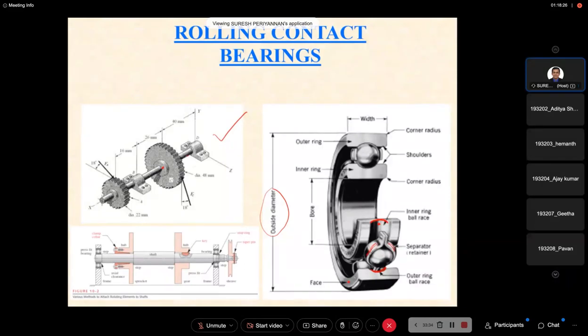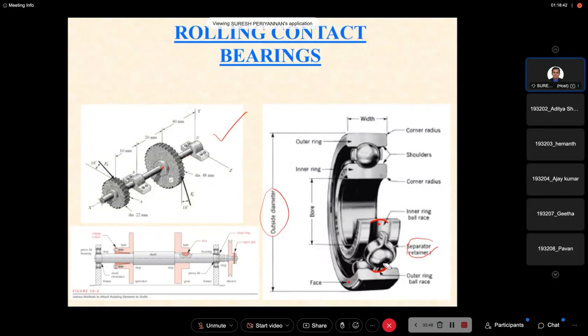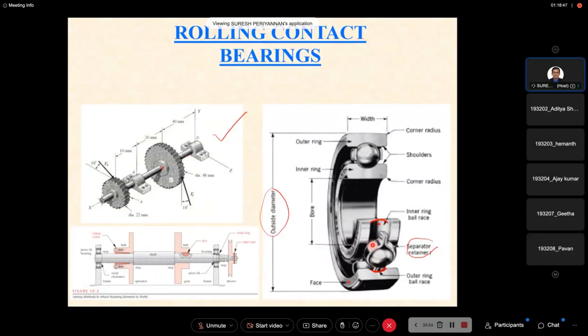Now I'm asking one general question. As a mechanical engineer, you must understand this. What is the use of the separator or retainer? Student: Sir, it tries to prevent the sliding of the ball.